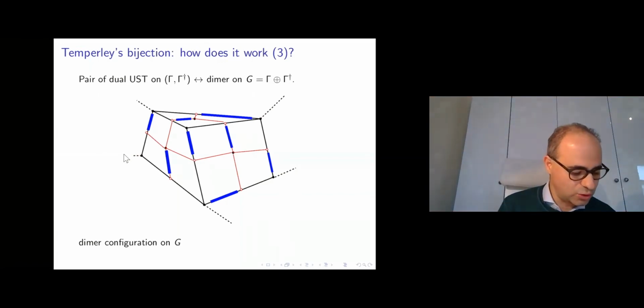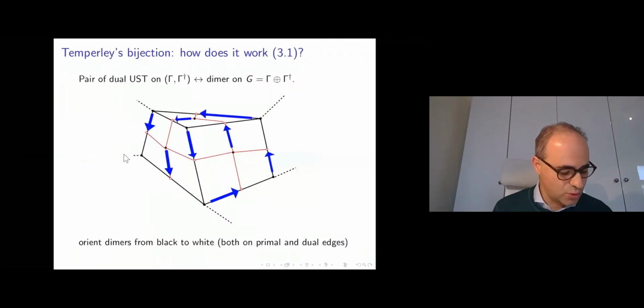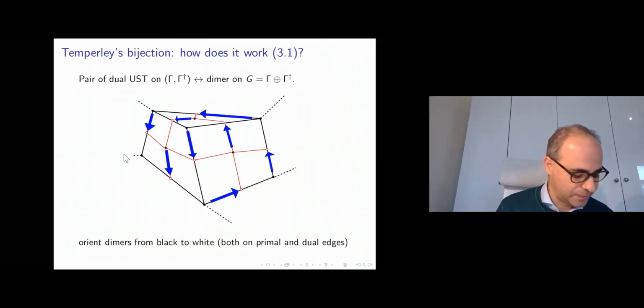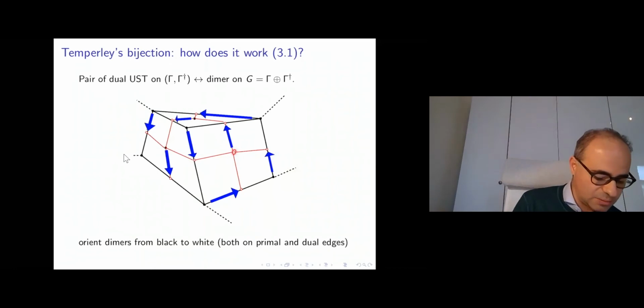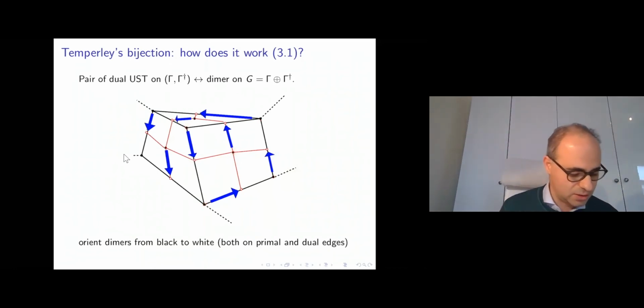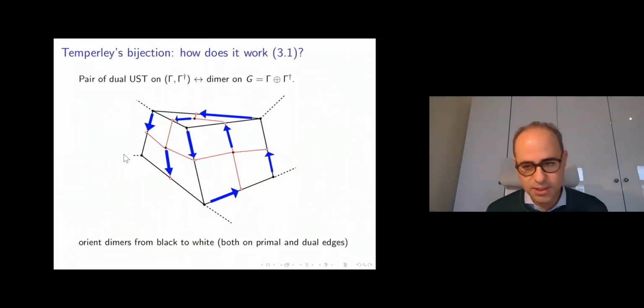What I'm going to do, first of all, is orient each dimer from black to white. Maybe I didn't say it very clearly, but the graph G is a bipartite graph. It has a black and white coloring in such a way that each edge connects two vertices of different colors.